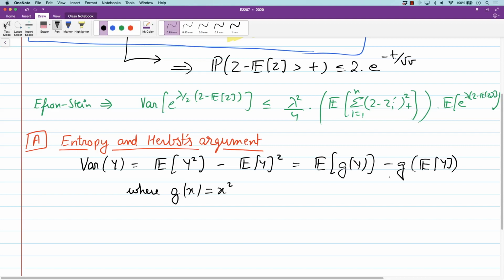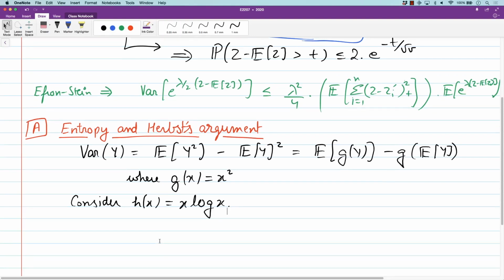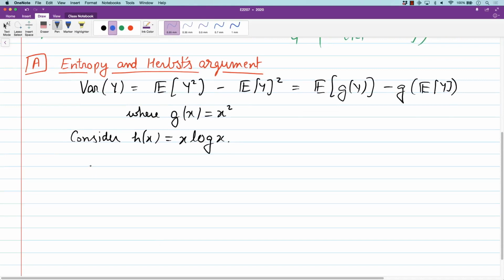A similar quantity can be defined using another function. Consider this function h of x equals x log x. Then the quantity we are after, the entropy of a random variable, let's say Y for us, is defined as the expected value of h of Y minus h of the expected value of Y.